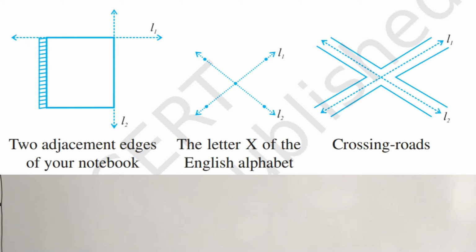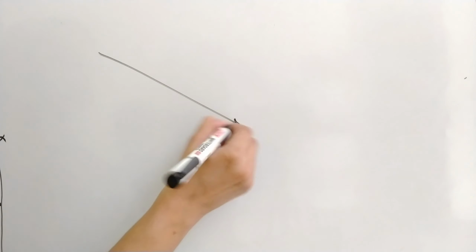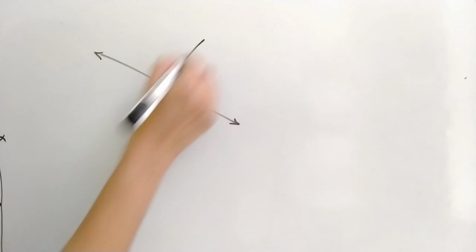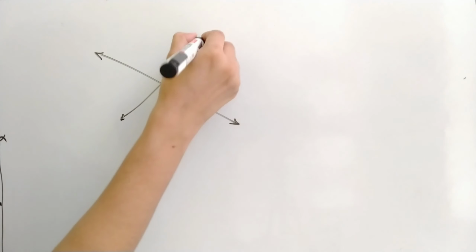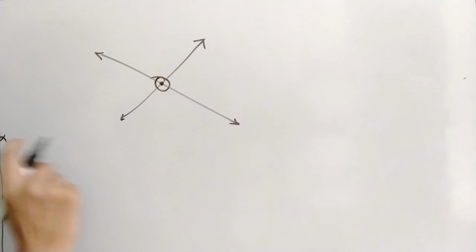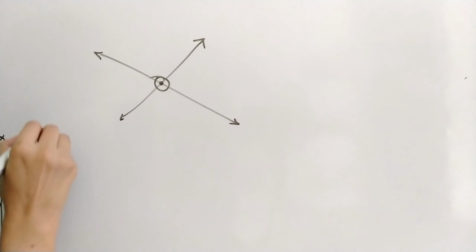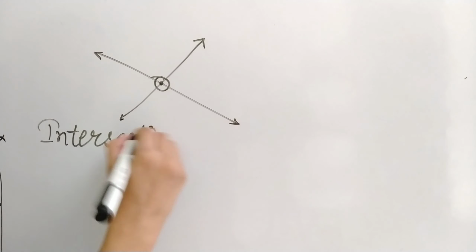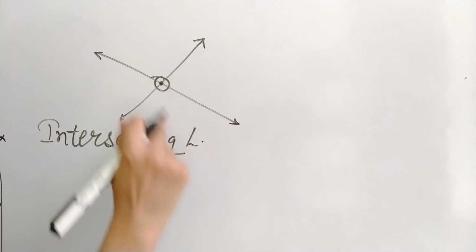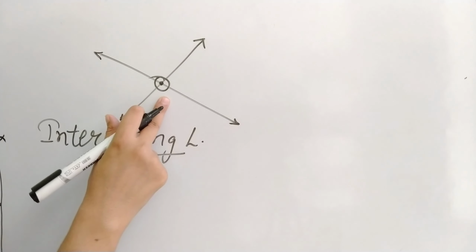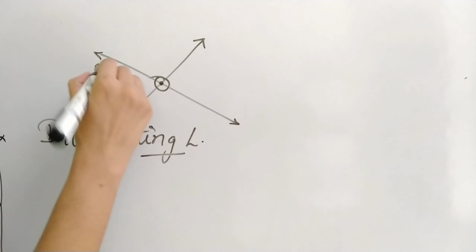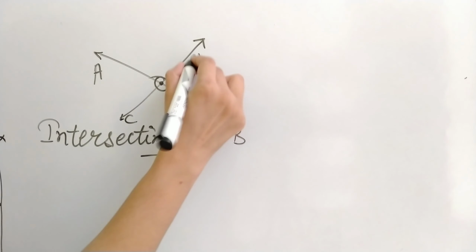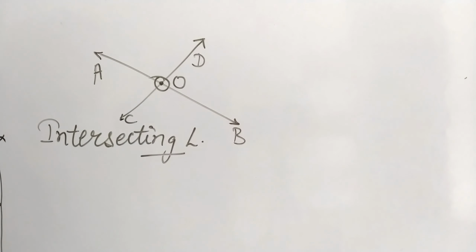So intersecting lines means I have two lines and these two lines cross at a single point, so one point is common between them. They are called intersecting lines because they pass through a single common point. If I name the points A, B, C, D and this one O, then O is the common point of lines AB and CD. Now it's clear?